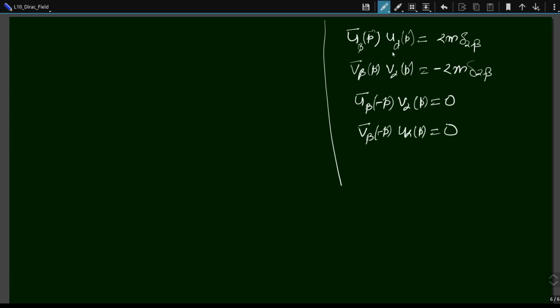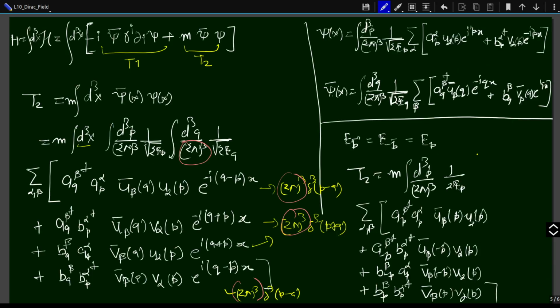I just want to emphasize that these two terms I have not shown to you, but these are important relations. Now from here, this one becomes plus 2m, this one becomes minus 2m, and these two central mixing pieces become 0.